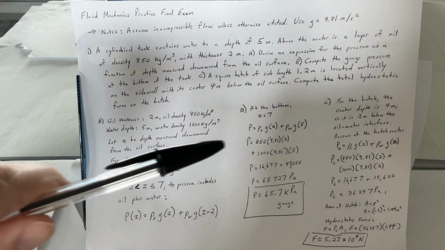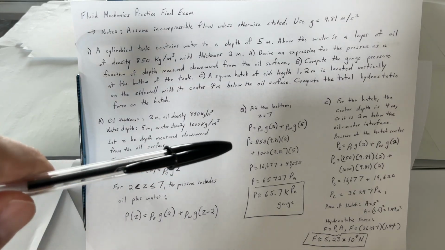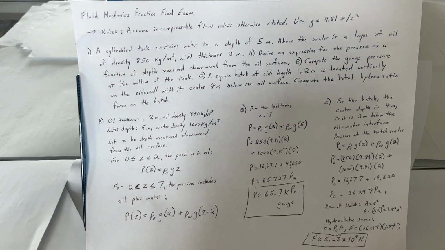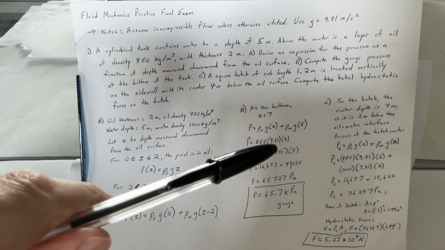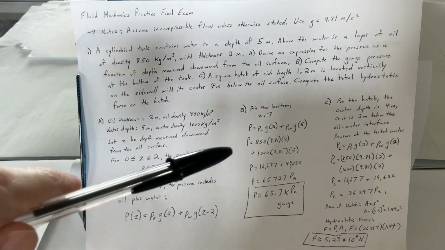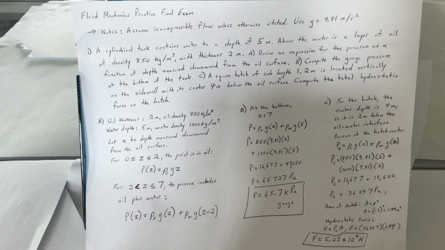Oil density 850 times 9.81 times 2, plus the water's density 1,000 times 9.81 times 5. So you're going to get 16,677 plus 49,050, you get 65,727 pascals, which would be approximately 65.7 kilopascals.